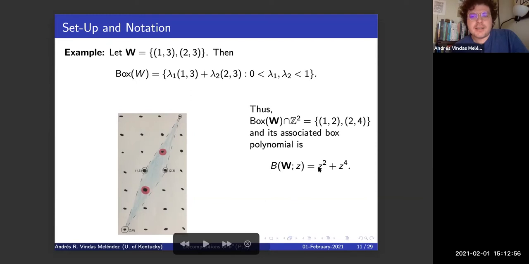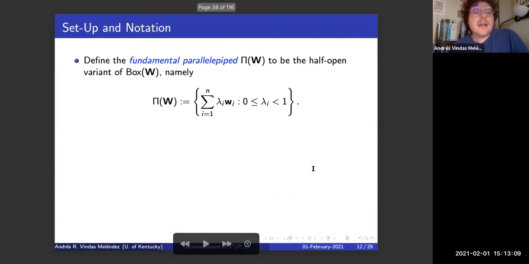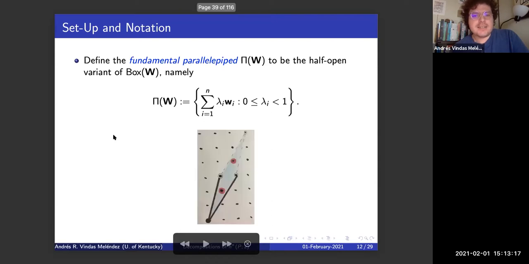And so I'm going to take z squared to correspond to the lattice point (1,2), and z to the fourth to correspond to the lattice point (2,4). And next, I define the fundamental parallelepiped to be the half-open variant of that box. What that means is that now I am entitled to have some things on the boundary.